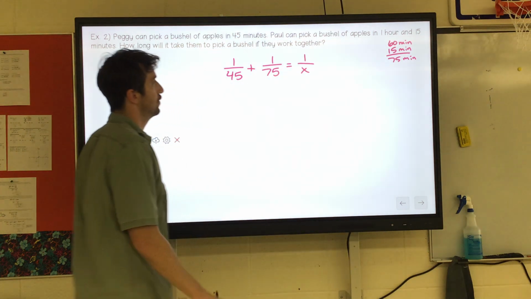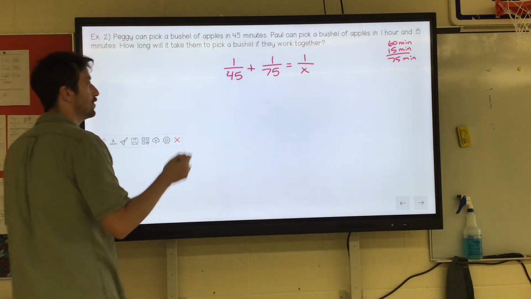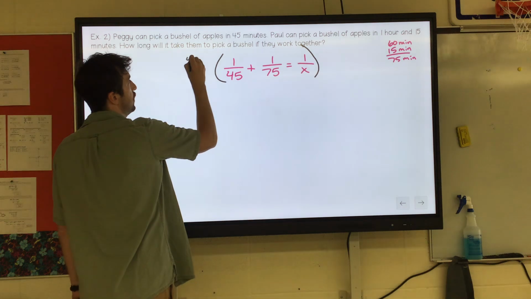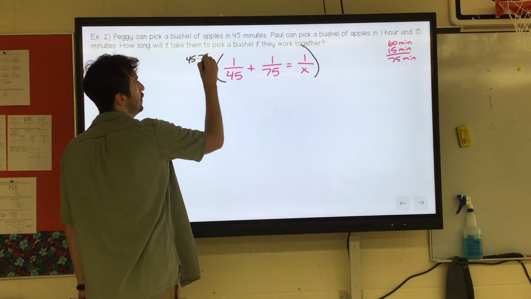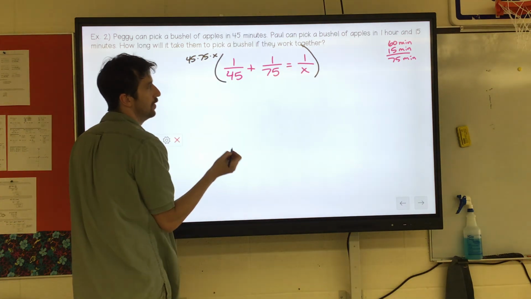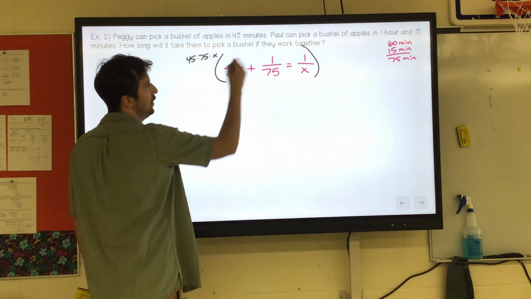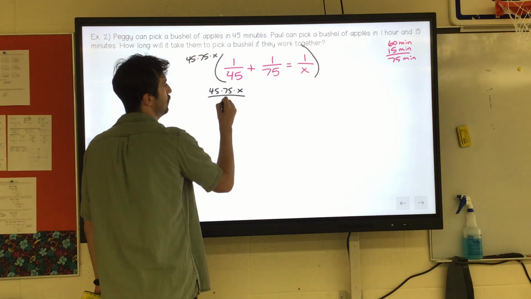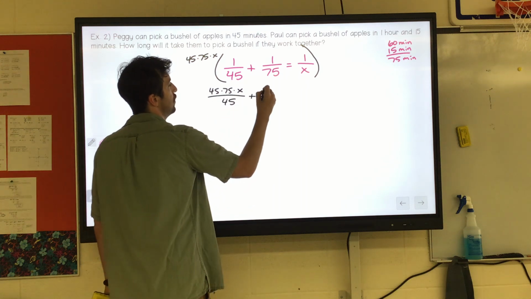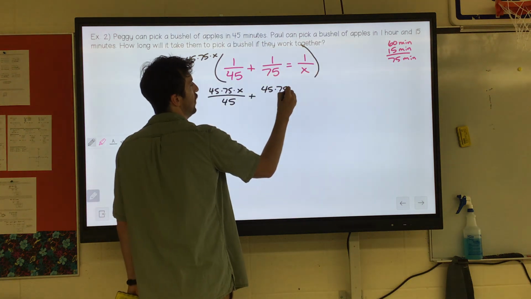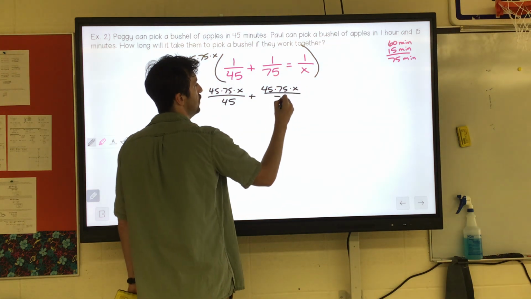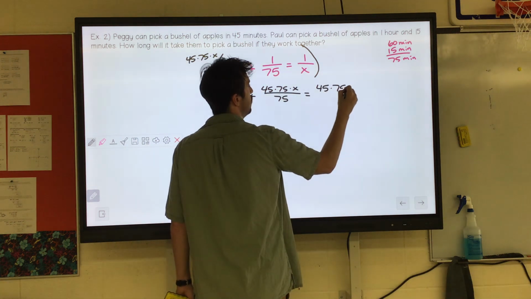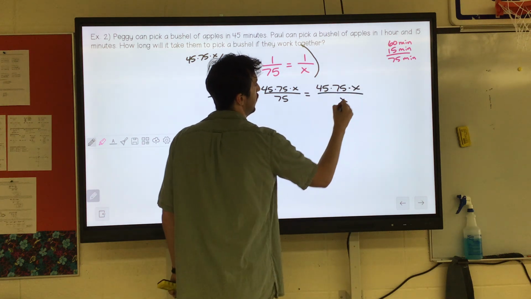1 over x. So again, you could figure out the lowest common multiple, or least common denominator, or we could just say we're going to multiply everything by 45 times 75 times x. So those will be in each of the numerators. 45 times 75 times x over 45 plus 45 times 75 times x over 75 equals 45 times 75 times x over x.